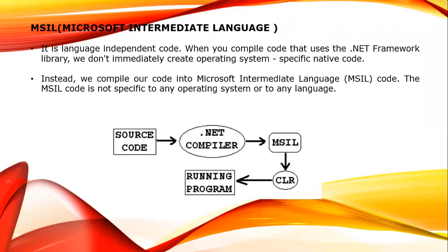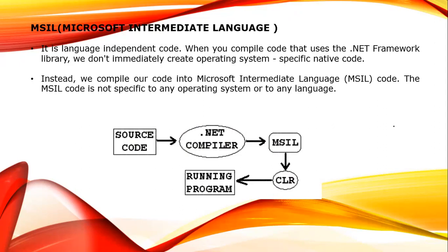So in this scenario, your source code gets compiled by the .NET compiler and converted into MSIL. Then MSIL forwards this code to the CLR, and then the CLR will actually run your program. It's not like you type some program and simply compile it to get an output. It's not that simple.